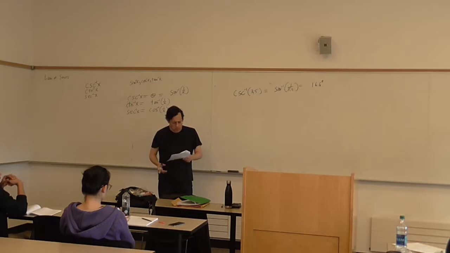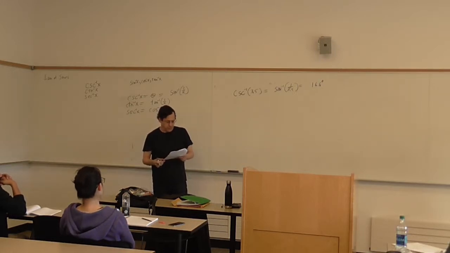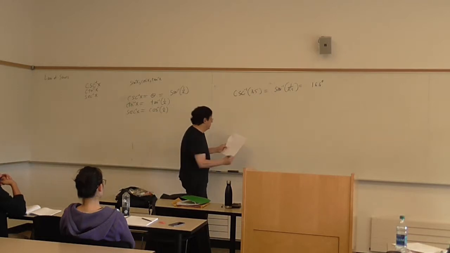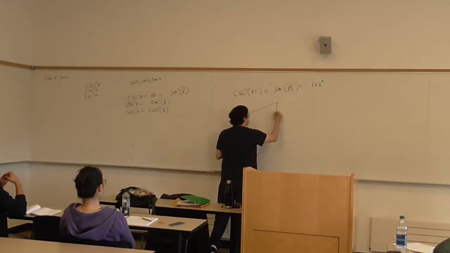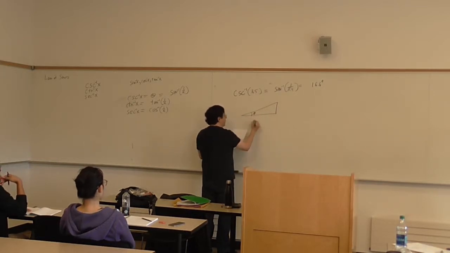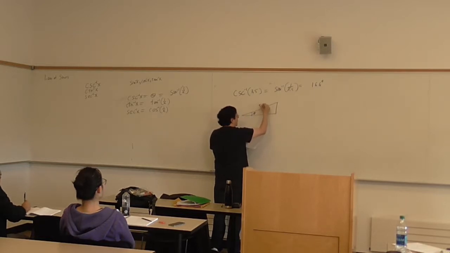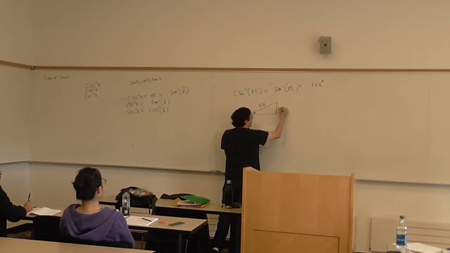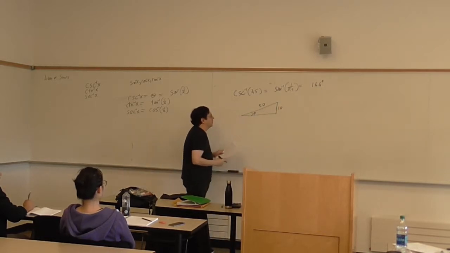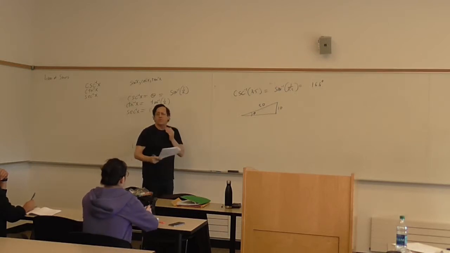Okay, let's just do one more problem related to inverse functions, and then we'll move on. This is from the book. Nice simple problem. You have a triangle. It's a right triangle. Its hypotenuse is 50. Its leg opposite theta is 10. So how would I find theta?